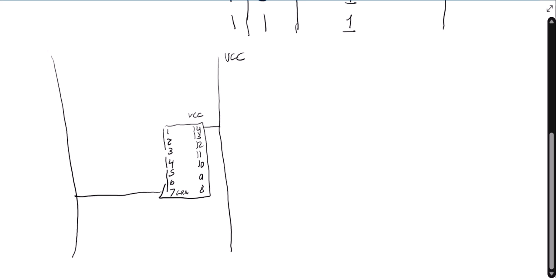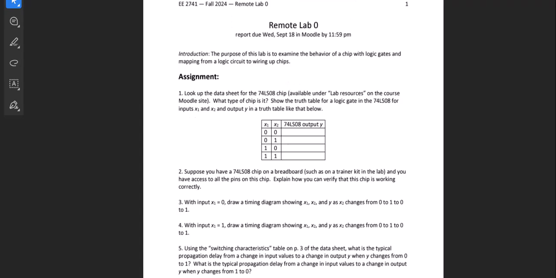So to answer this, the first thing you would say would be you would connect, and the way you're going to do that is, I don't think I have a breadboard in my office. Let me show you what one looks like.